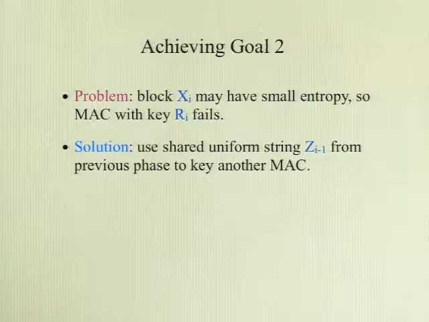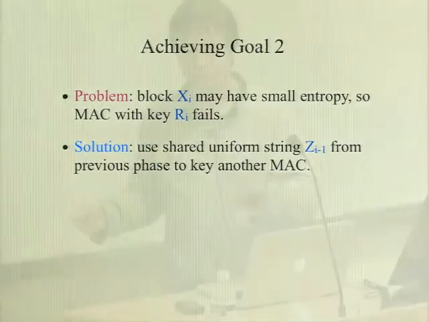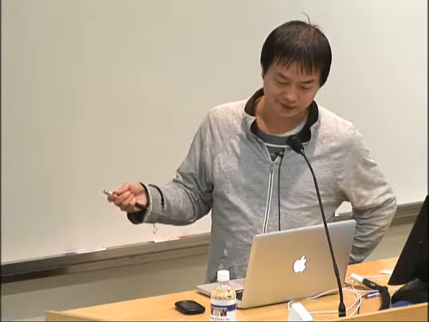The solution is this: remember when we first reached the phase of the first good block, at the end of that phase we already have the two parties agree on some uniform random string. So we can use that shared uniform random string from the previous round to construct another MAC. This Z'i-1 is the output string from the previous round, so we use it to construct another MAC.